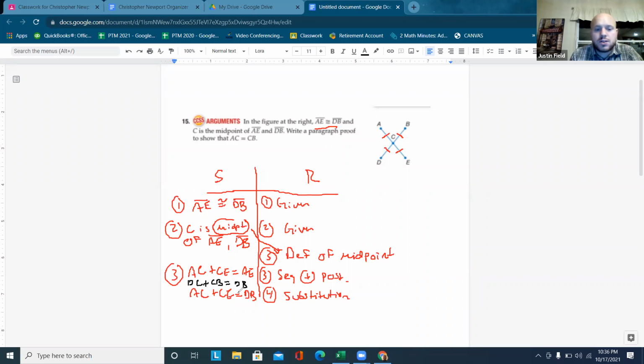That is also the segment addition postulate, and also substitution would be DC plus CB equals, well, now hold on here. Hold on here. What we could do is we can say, so do I have the same thing?